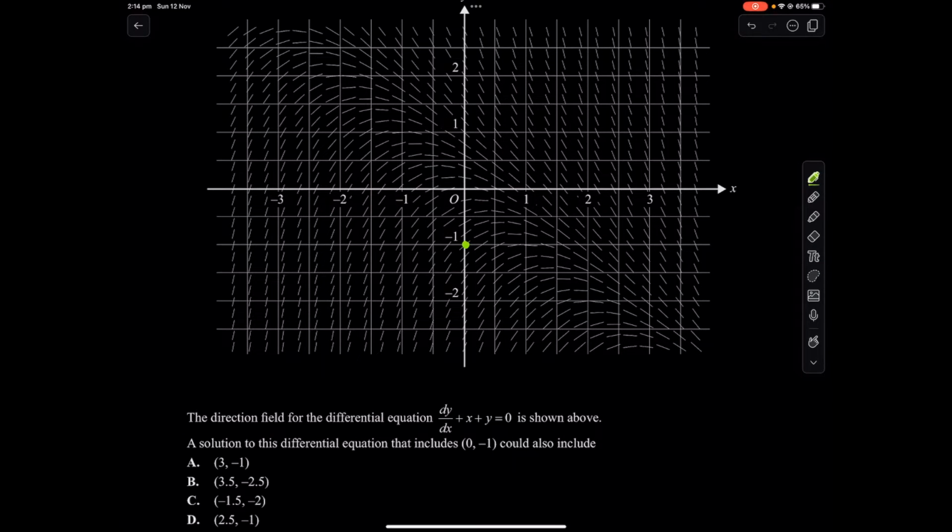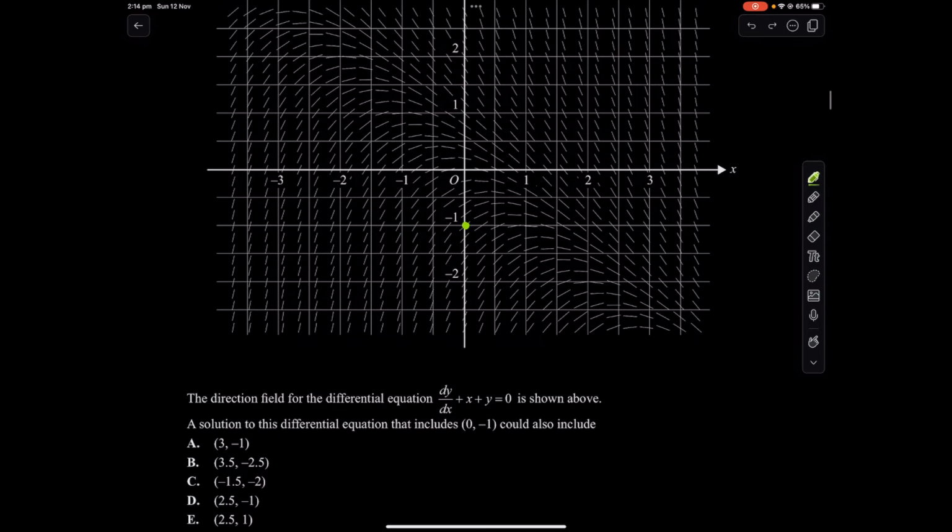Let's follow the field and see if it passes through these points. That will tell us which one of these is a solution. So I'm going to slowly follow those field lines and see where they pass.